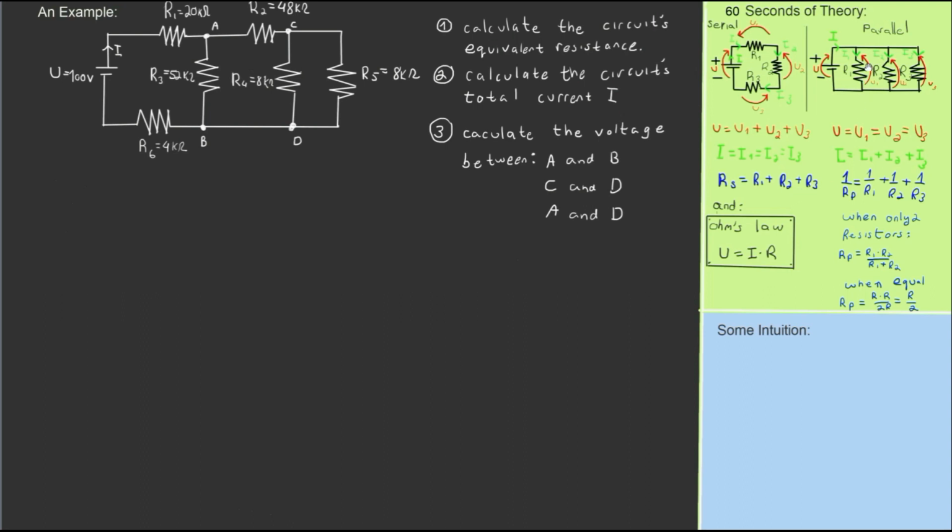When you look at a parallel circuit, voltages are the same, they are equal over the different branches of the parallel circuit. The current adds up. When it arrives at a junction, it divides between the different branches, and then it adds up back into the total current of the circuit.